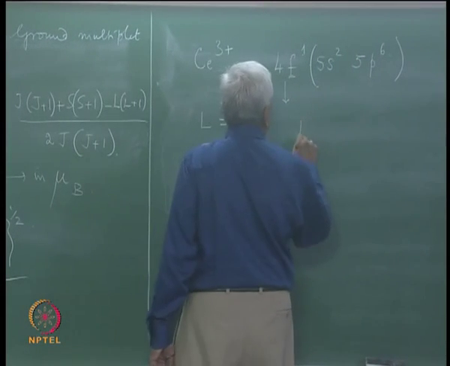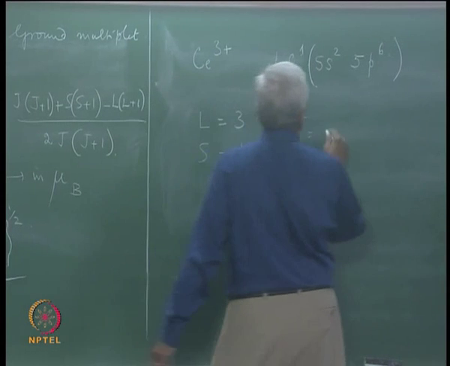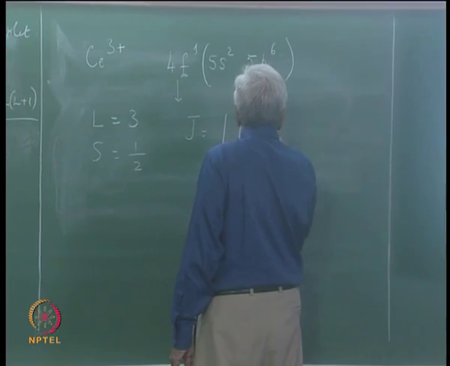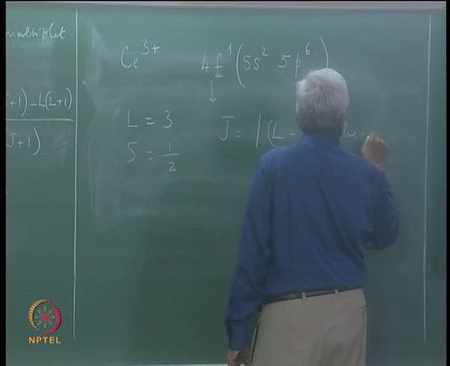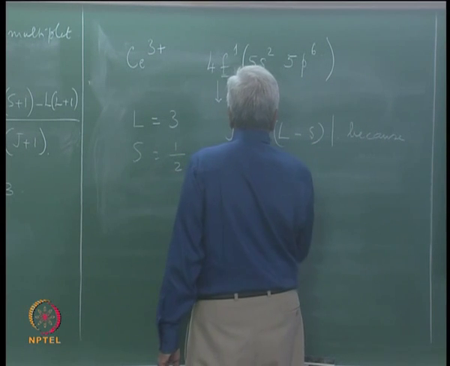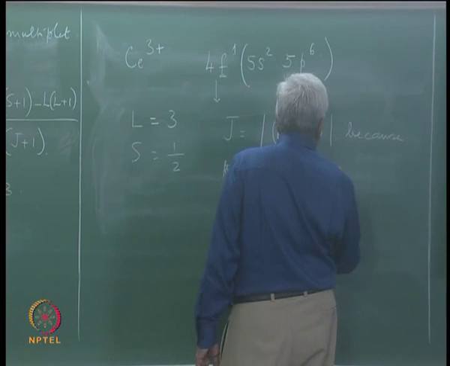So, you have J, which in this case, the low lying multiplet corresponds to L minus S rather than L plus S, because the 4f shell is less than half filled.